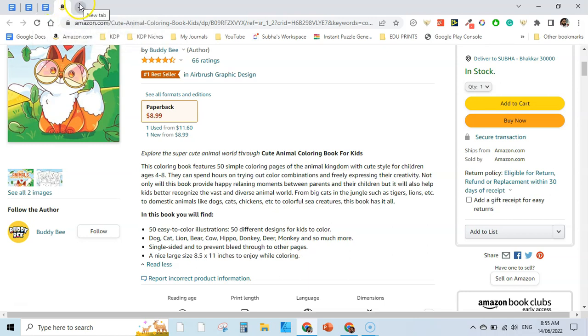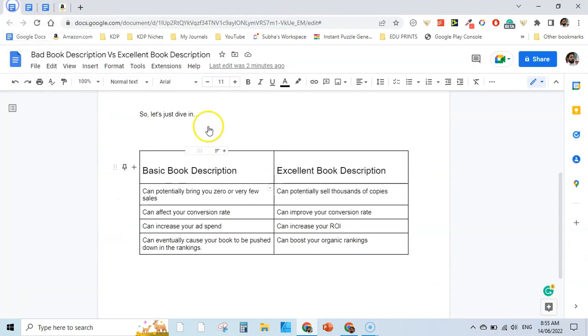So what can you do to create the descriptions like that? You can think of the benefits or the outcomes. You need to think of the benefits or the outcomes of the book and start your book description with those benefits or final outcome.